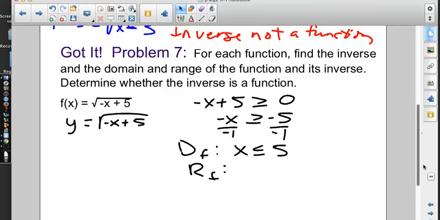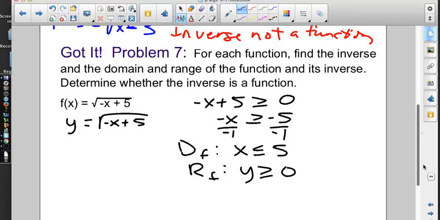It starts at 0, because if we put 0 in here, we're going to get the square root of 5. But is it above the y-axis or below it? It is above it, so y should be greater than or equal to 0. So a little more thinking when we start talking about our quadratics or our square root functions.